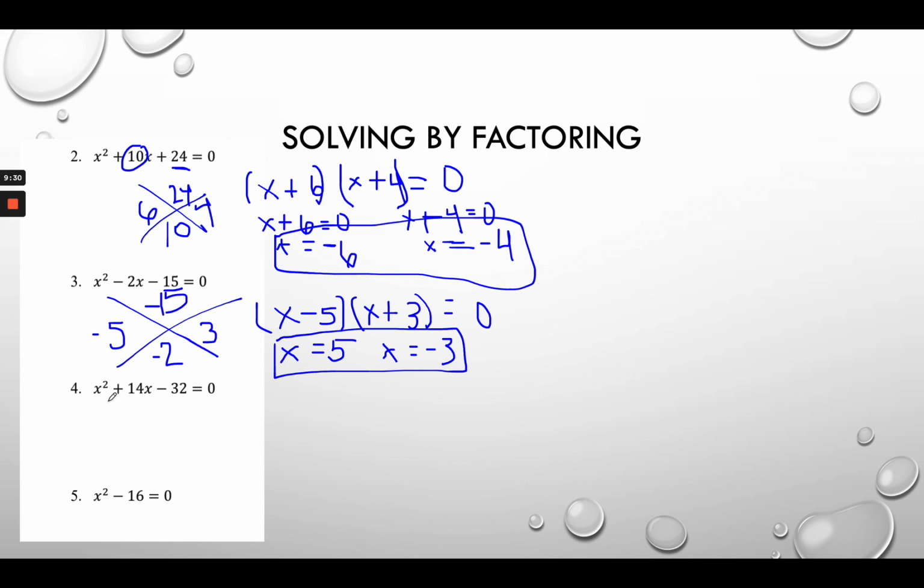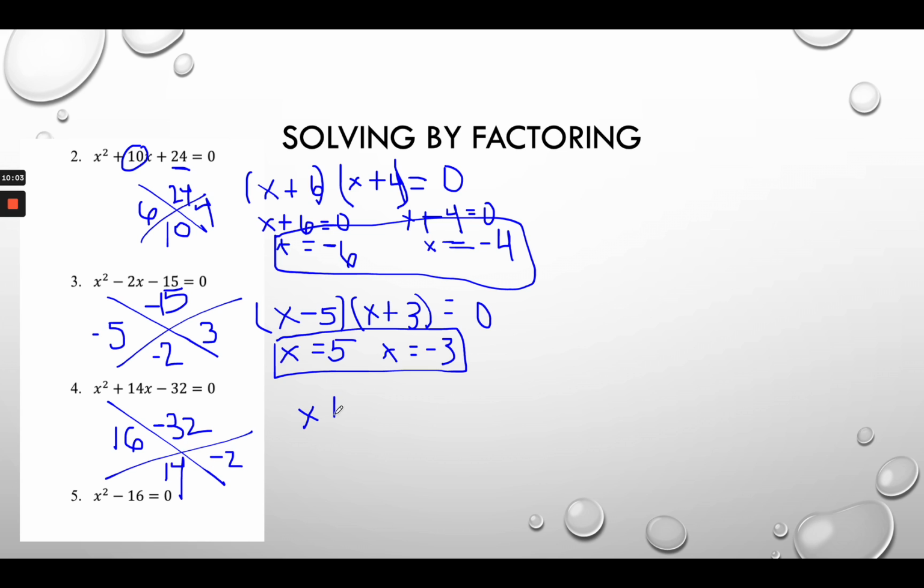Next one, we have standard form. We got to put it into factored form, so I'm going to use a big X. So I have -32 on the top, 14 on the bottom. Okay, let me think. 32, 8 times 4, that wouldn't work. This is going to be 16 times -2, because 16 times -2 is -32, and 16 plus negative 2 is a positive 14.